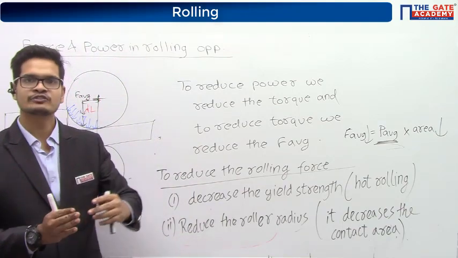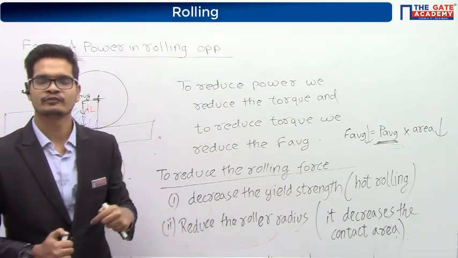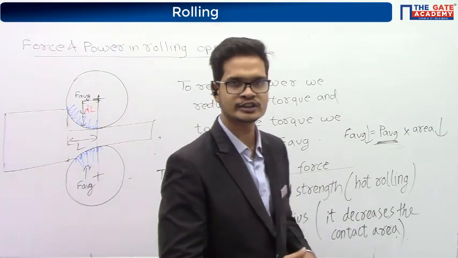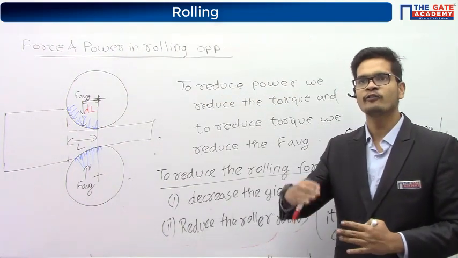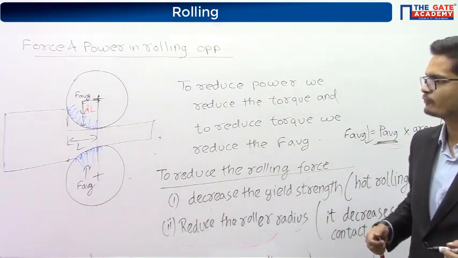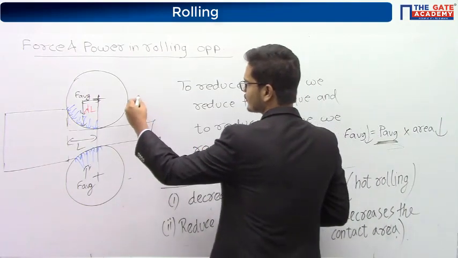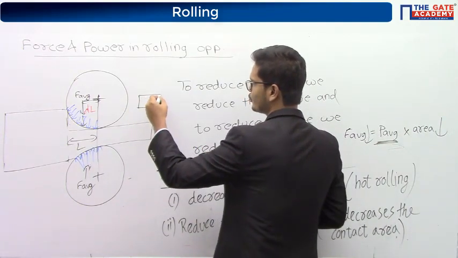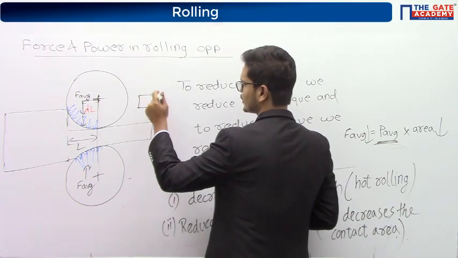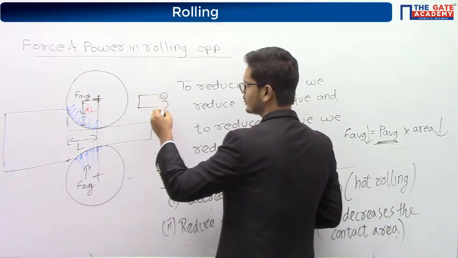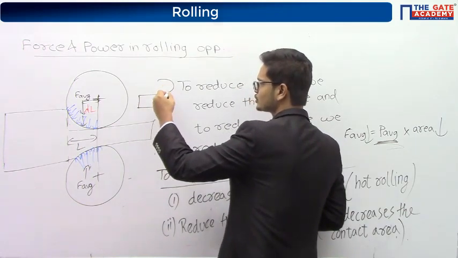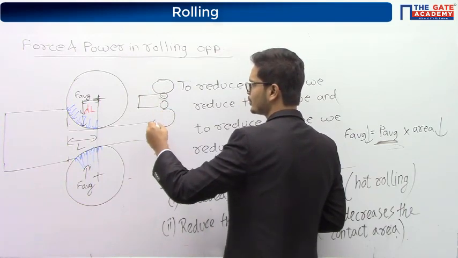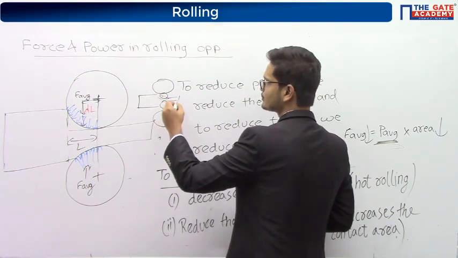So what we do is we give some external support to the rollers in the form of bigger rollers. For example, for reducing the thickness, let's say you are using smaller rollers. So to support these smaller rollers, we will use bigger rollers. These are called as backup rollers.